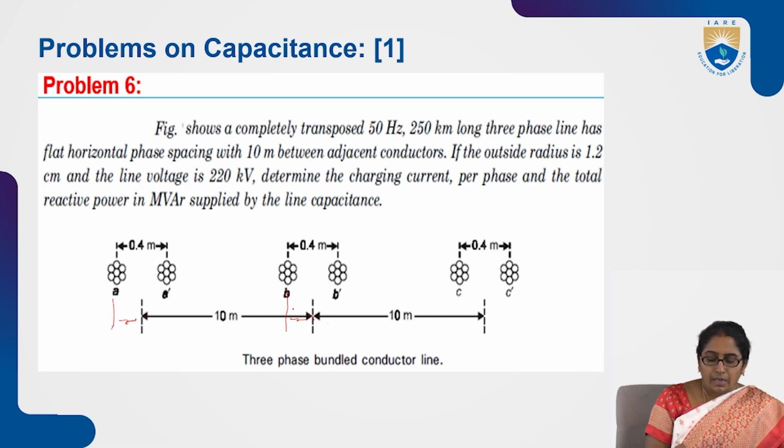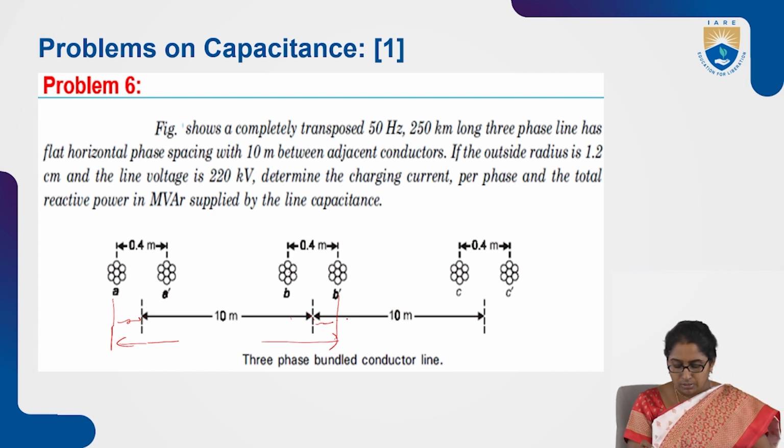Now, how do we calculate dab dash? From here to here is 10, but for AB dash this value is added. The spacing is 0.4, half of that is 0.2, and this value is also 0.2.